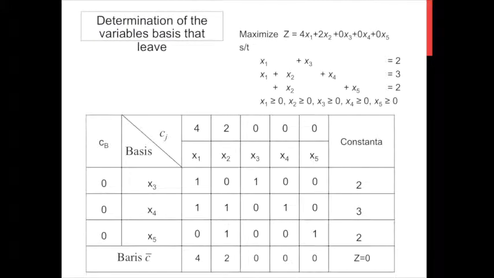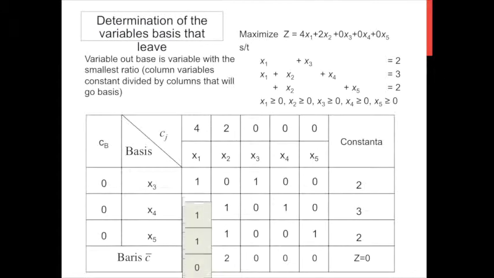Since 4 is the biggest number, we will pay attention to this column, and then we divide the constants by the values in this column. 2 divided by 1 becomes 2. 3 divided by 1 becomes 3.